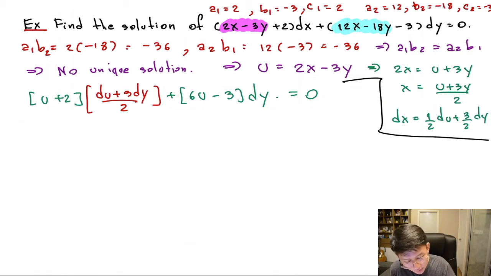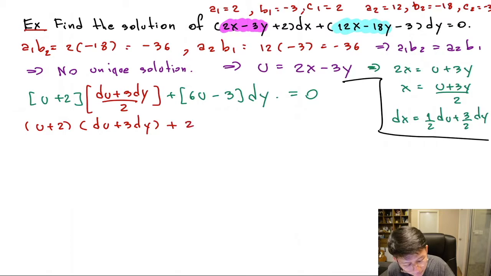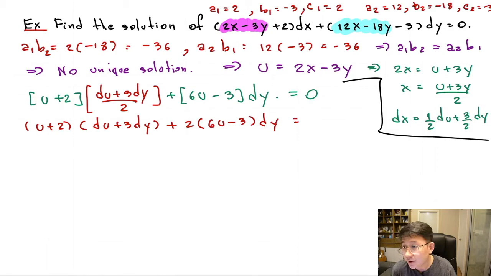This is u plus 2 du. Okay, let me multiply the whole equation by 2, okay? So I get u plus 2 du plus 3 dy plus 2 of 6u minus 3 dy equals 0.